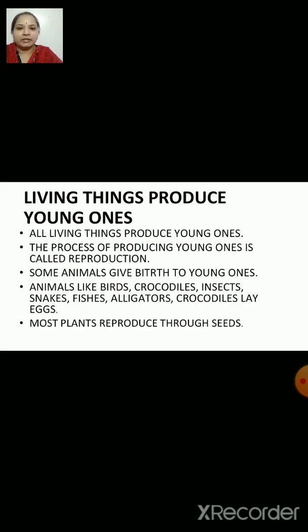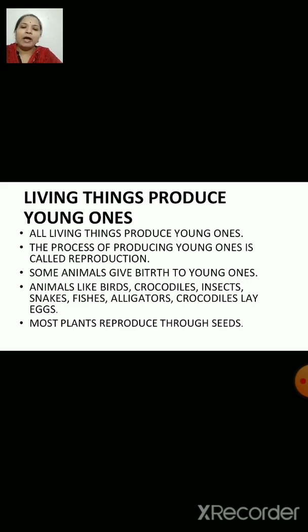Right, when a seed goes into the soil, it grows into a new plant. Now, some plants also grow from stems, roots, or leaves. For example, potato and onion are the stem part of the plant from which a new potato plant can grow.